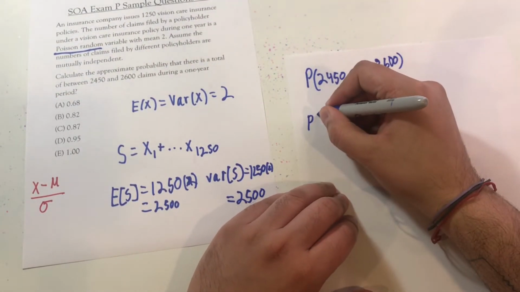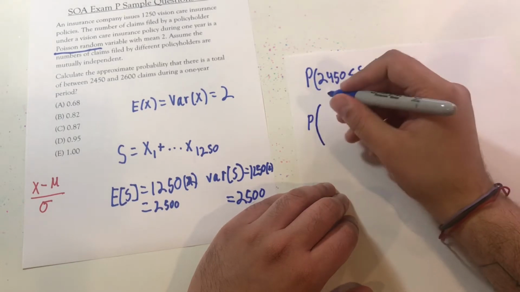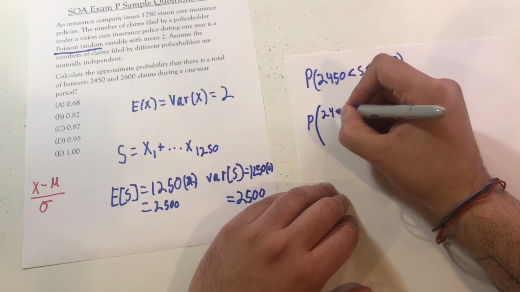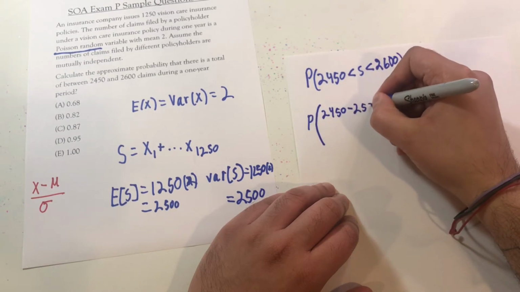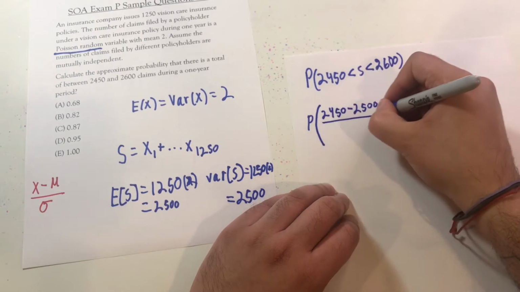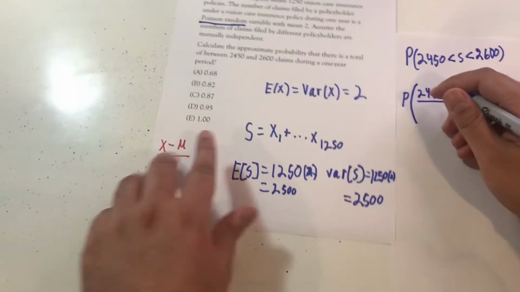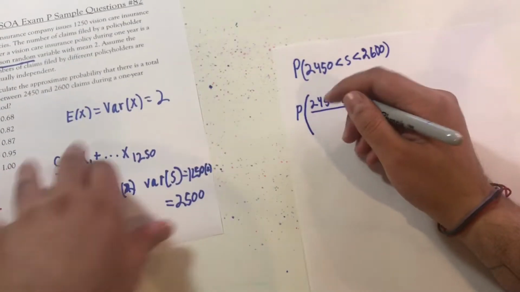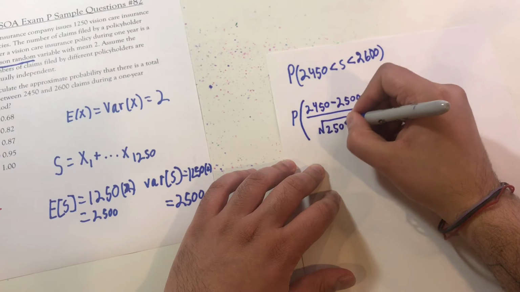So we are going to find, probably need a much larger parenthesis for this, 2,450 minus 2,500 over, not 2,500, because we need the standard deviation, not the variance. It's going to be the square root of 2,500.